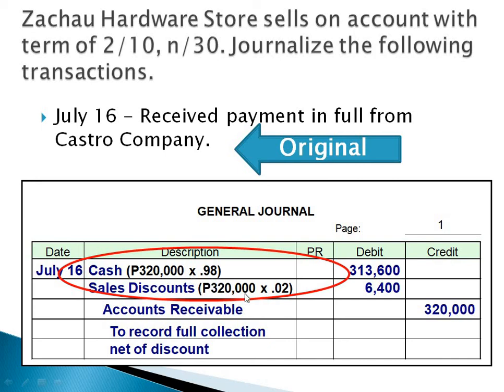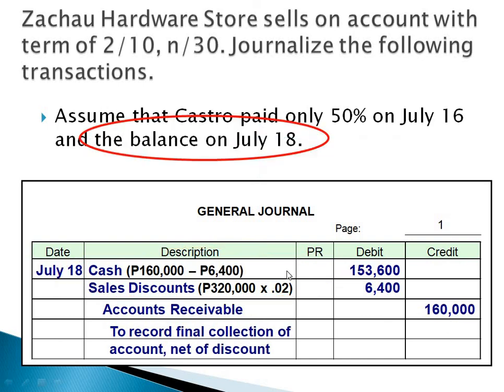because this figure, 320,000, is the same as this one, 320,000 also. But here, this figure of 320,000 is not the same as this credited amount.